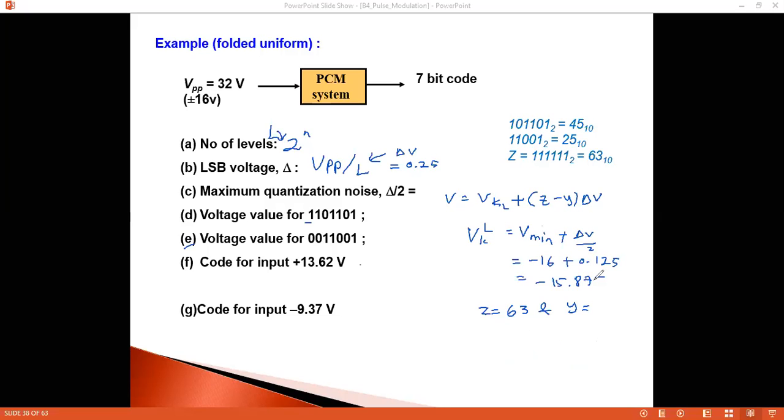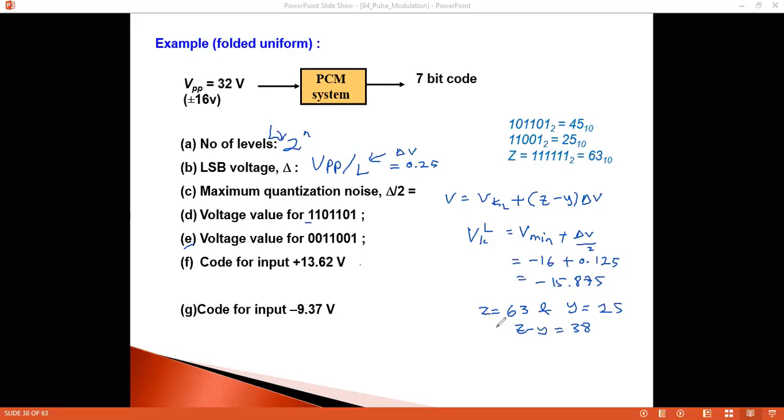So this is our VKL, the lowest quantized voltage. And here Z is 63, and Y is 11001, which is 25. So Z minus Y is 38.